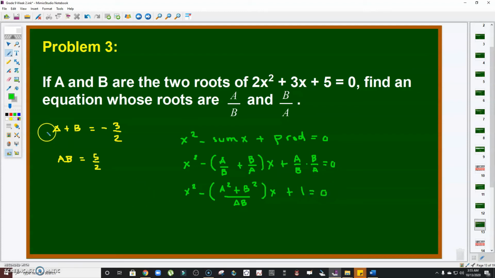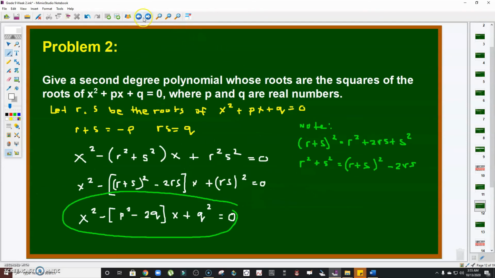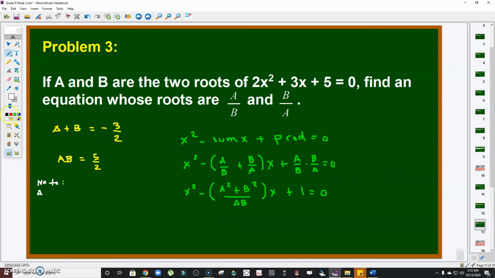See that? But take note, let's go back and repeat. Like what we did in the previous problem, note that a squared plus b squared is equal to a plus b, to be squared, minus 2ab.